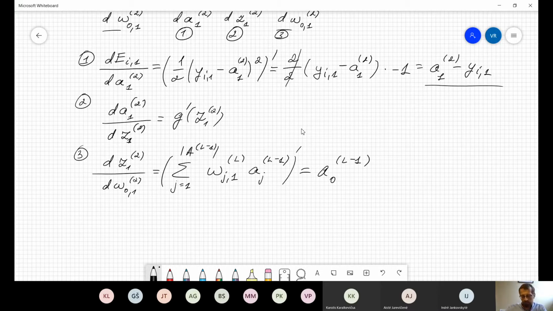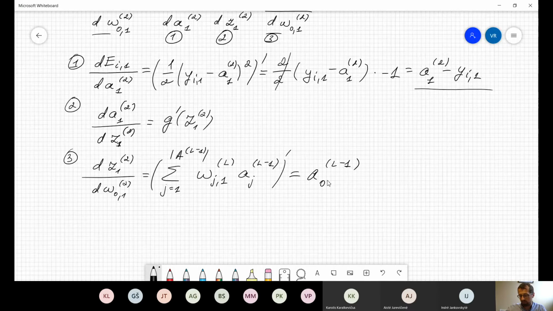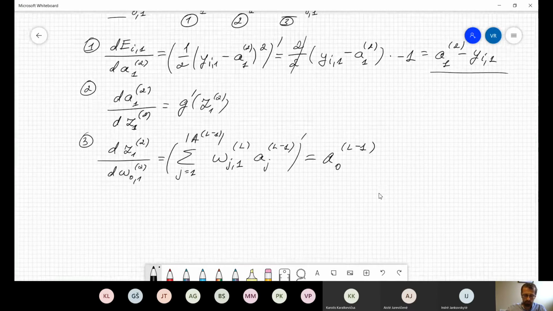So basically, the derivative of this multiplication is just the output of the activation, right? Since our A0 is the bias, it's obviously 1, just the value of 1. But for now, this might be the generic form.